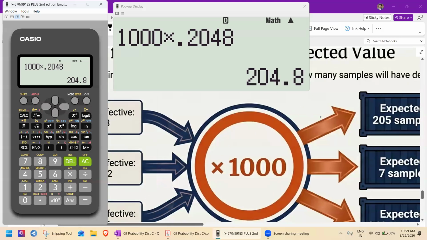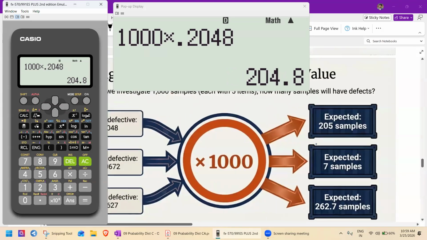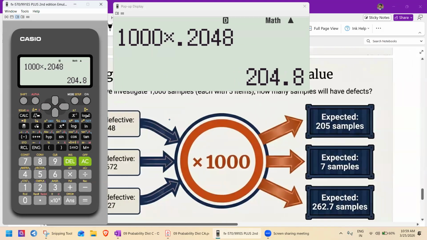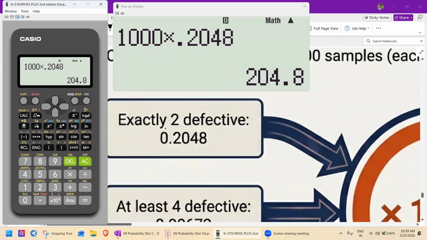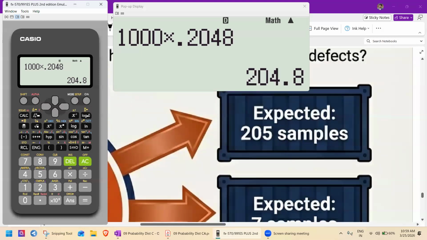So when we round it, we can say the laboratory technician should take at least 205 samples, then only he is able to get exactly 2 defective items.